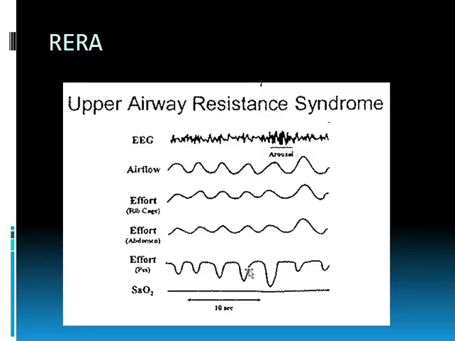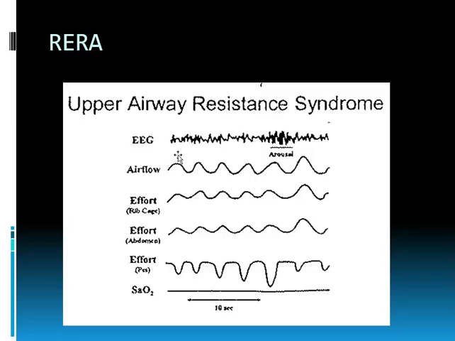So without this, we might call this arousal spontaneous. But with the esophageal pressure, what you can see is there's increasing upper airway resistance, ultimately leading up to the arousal. And so this is one of the reasons why I look for the most minute clues that tell me, could this potentially be OSA or upper airway resistance related?